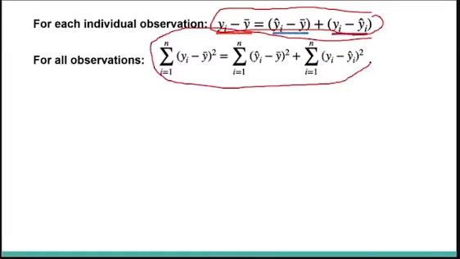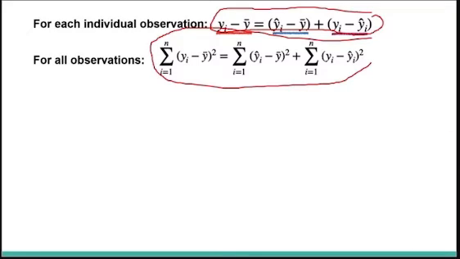When I want to deal with all observations, I'm going to sum, and before summing, I need to square. I'm squaring because the distance from -3 to 0 is the same as the distance from 3 to 0. So -3 squared is 9, and 3 squared is also 9.